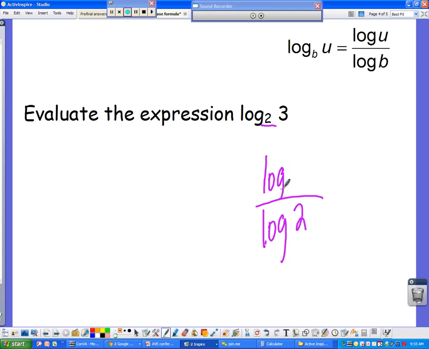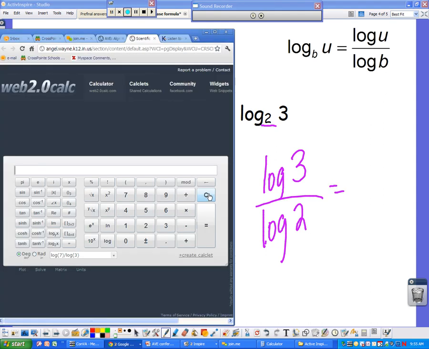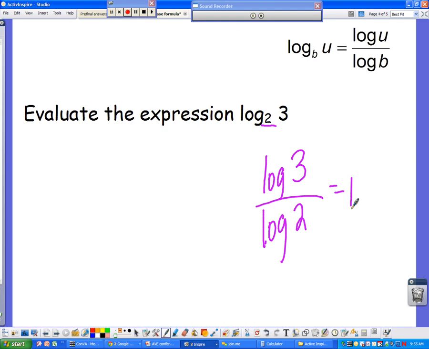On top, it ends up being log 3. So when you go to calculate that, we're going to put it in the scientific calculator. We're going to do log 3 divided by log 2. Hit your equal sign, and we get an answer of 1.58.